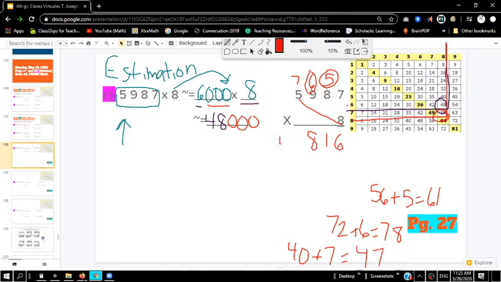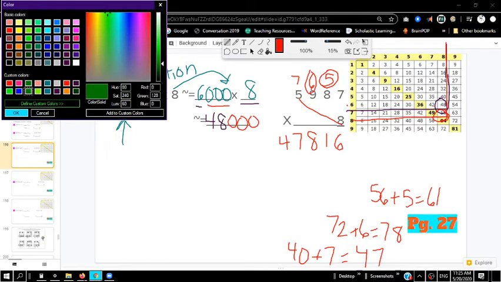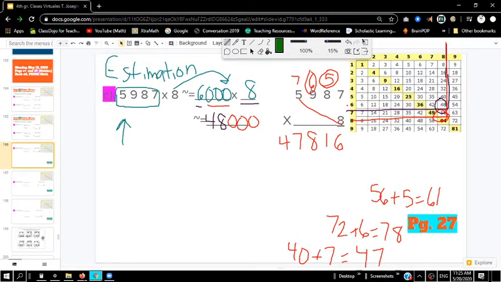So 47 goes right here. Again, all my numbers are in one nice line. You can see my numbers line up. Now, we don't have a 10,000 spot, but that number would be right there.